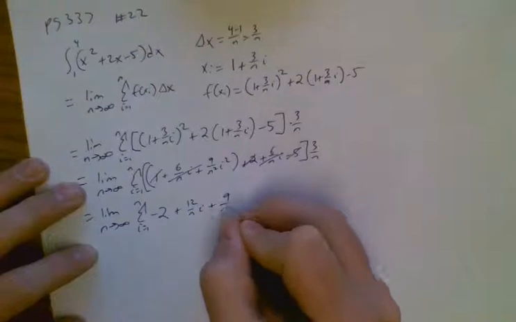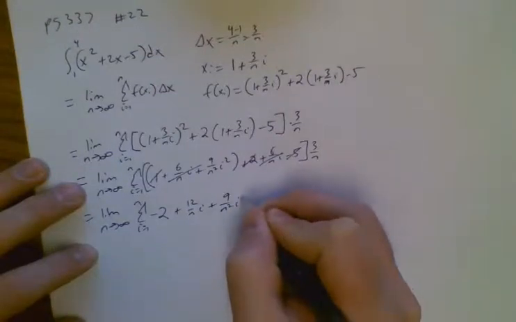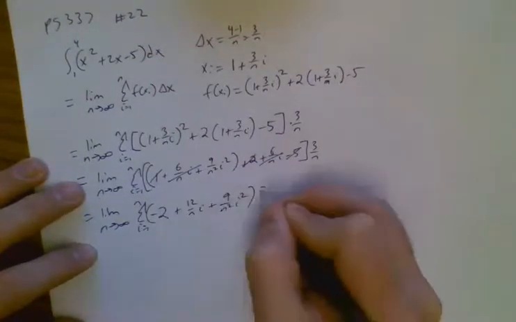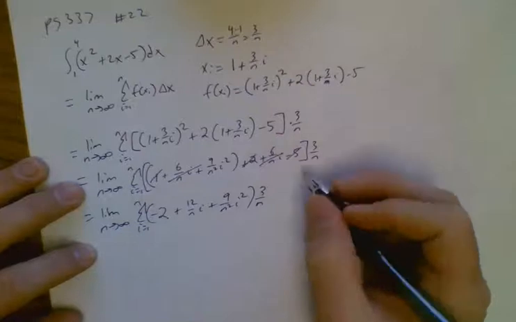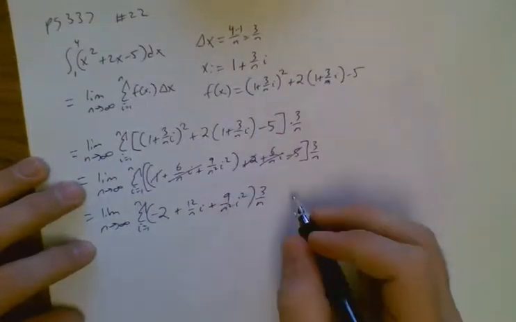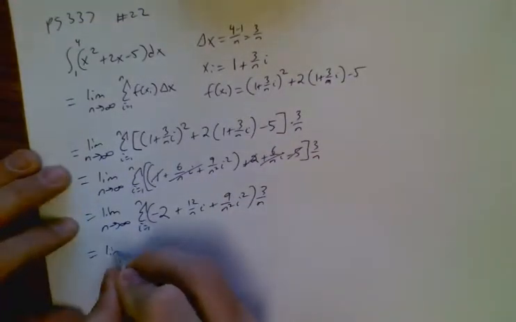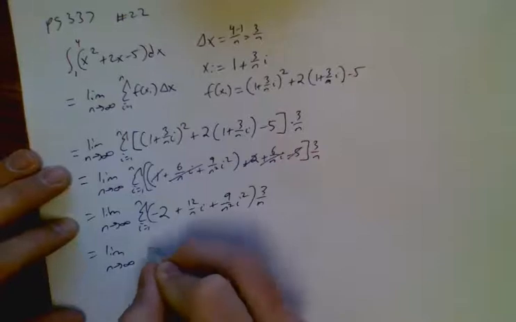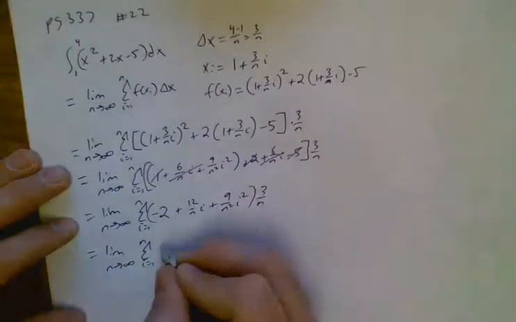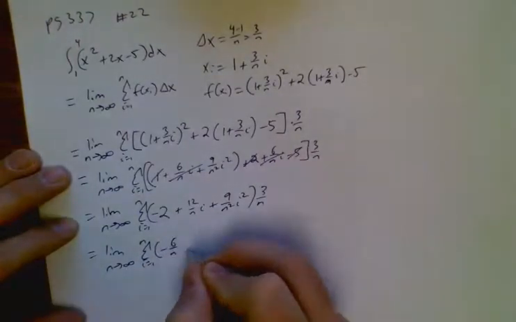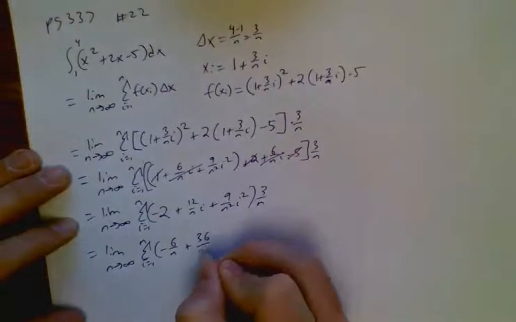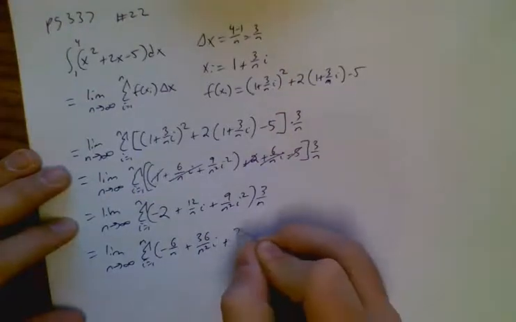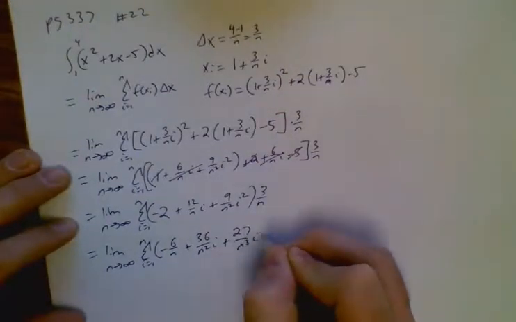And this I haven't done anything to: 9 over n squared i squared. Still 3 over n multiplying through. So all I did was simplify all the like terms. So now this becomes negative 6 over n plus 36 over n squared i plus 27 over n cubed i squared.